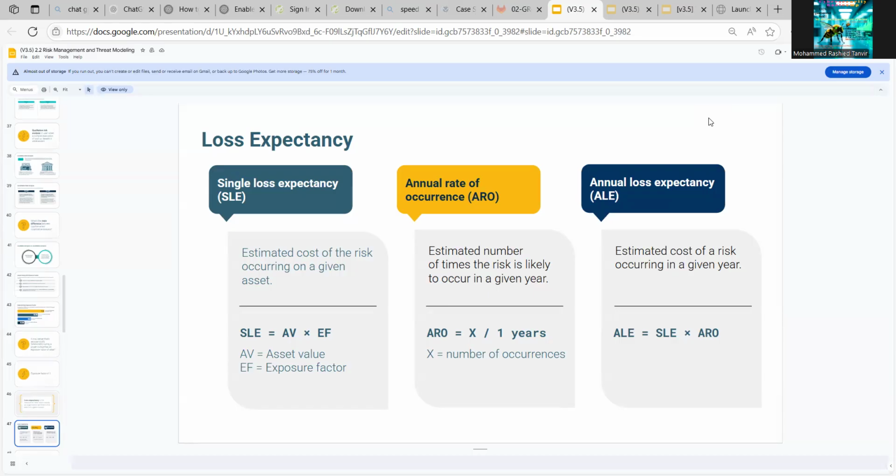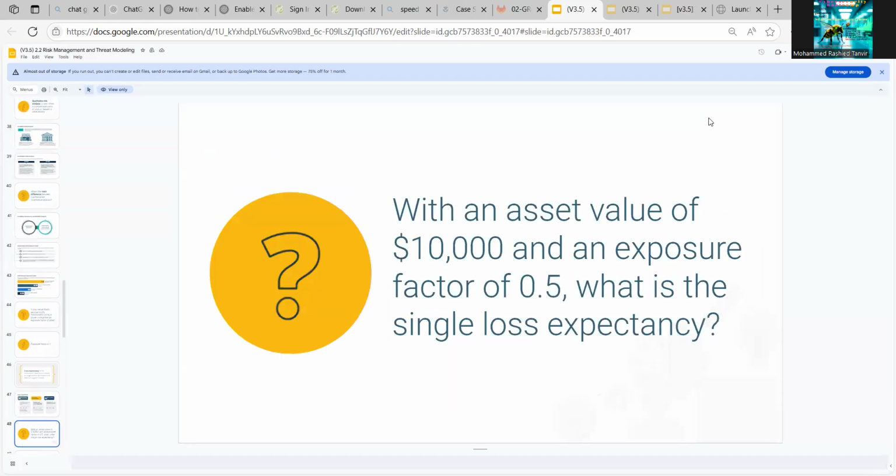ALE means annual loss expectancy. ALE equals SLE times ARO. So we can calculate now. Suppose an asset value of $10,000 and an exposure factor of 0.5.